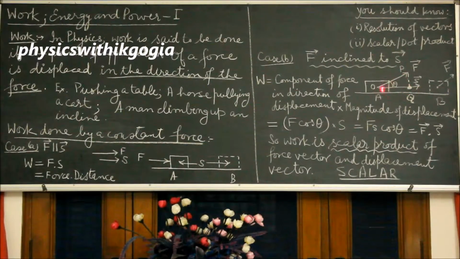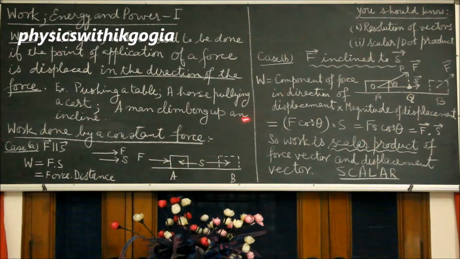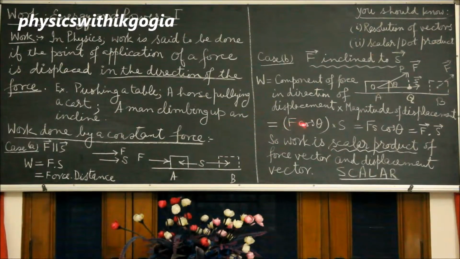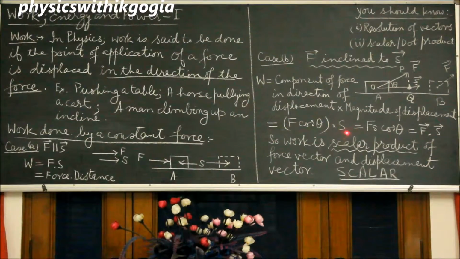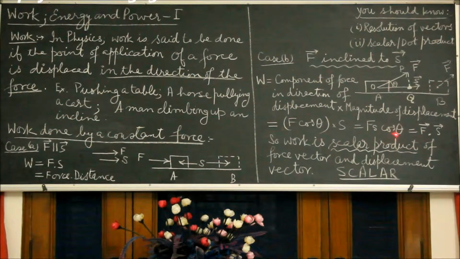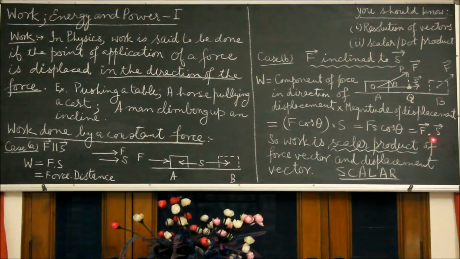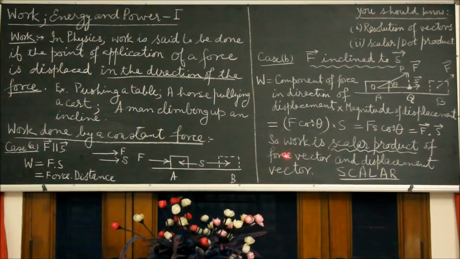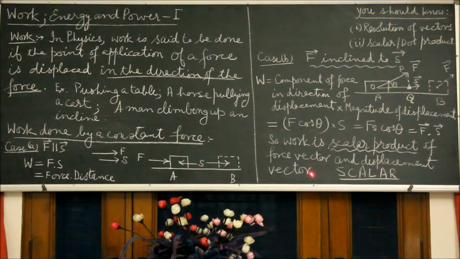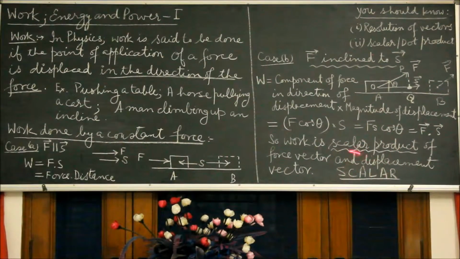This component from the diagram is F cos theta. So work is measured as the product of F cos theta and distance, that is Fs cos theta, or in terms of the scalar product we can write the work as F vector dot S vector. That is, the work is the scalar product of the force vector and the displacement vector. Remember, work is a scalar quantity, that is, it does not have any specified direction.